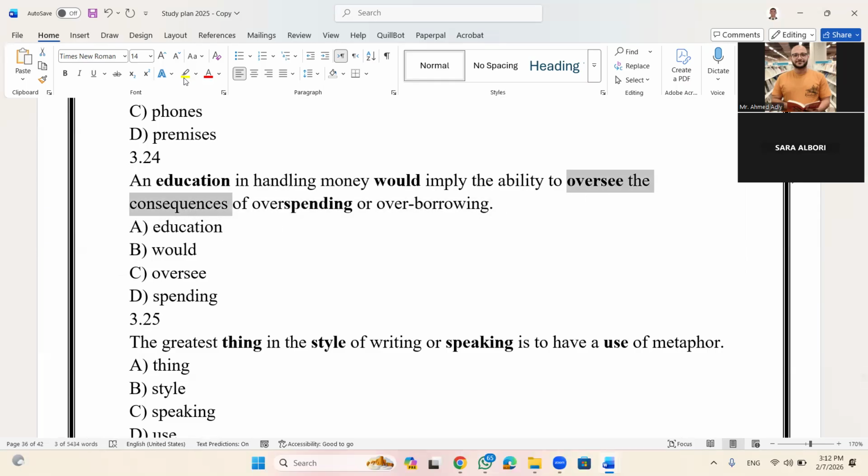Consequences means tabi'at. Oversee means supervise. What do we do with consequences? Which word collocates with consequences? We don't say oversee consequences. We don't supervise consequences. We predict. We foresee.